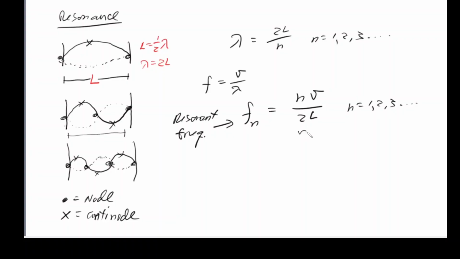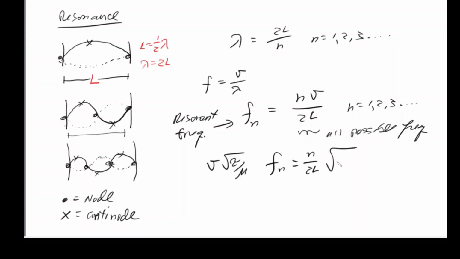And it turns out that this gives you all possible frequencies that that string could have. Now, since the wave speed is equal to the square root of string tension over its linear density, this becomes n over 2L times the square root of tension over linear density of the string.